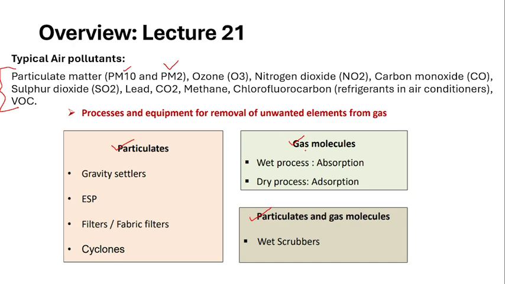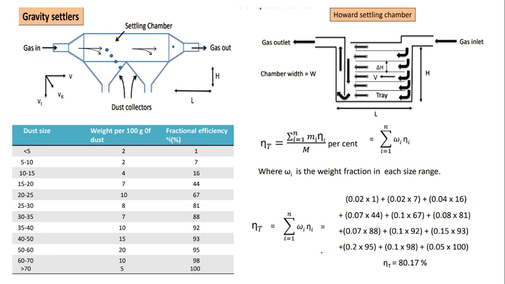Gas molecules are collected through the wet process by absorption, or through the dry process by adsorption. Particulates and gas molecules together can be removed with the help of wet scrubbers. So this lecture speaks about the gravity settlers, and this is the basic working diagram of the gravity settlers.